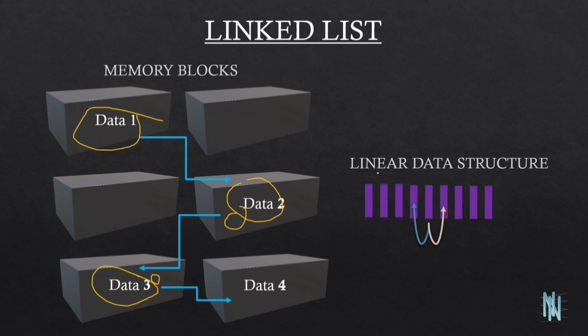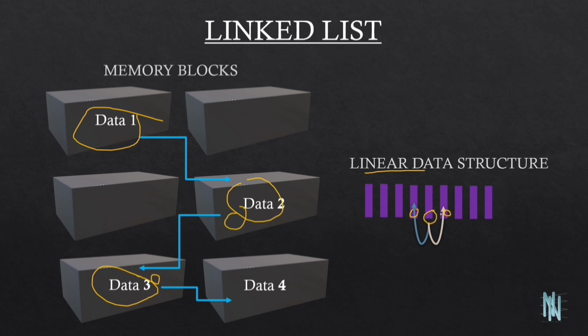Now, linked list is also termed a linear data structure. Why linear data structure? Because this element and this element, both are connected directly. Also this element is connected directly. Whenever an element is connected to its next or previous element directly, it is termed a linear data structure.